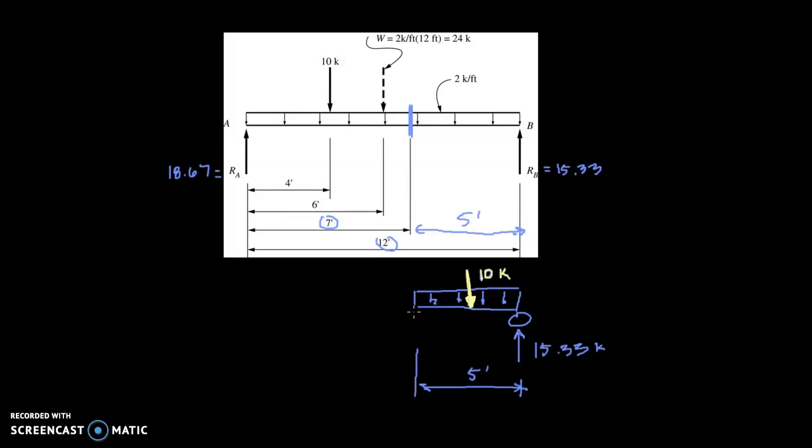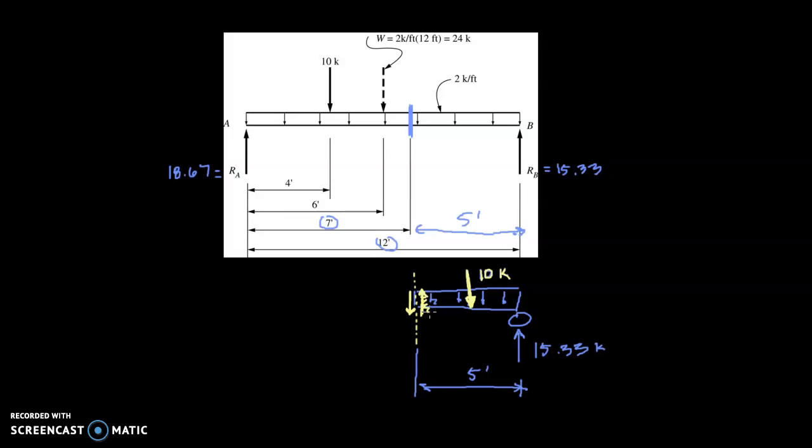Okay, and so I've got 10 kips going down, 15.33 kips going up. So the sum of these two is going to be going up. There must be some internal shear acting down right along this plane here so that everything cancels out in equilibrium.